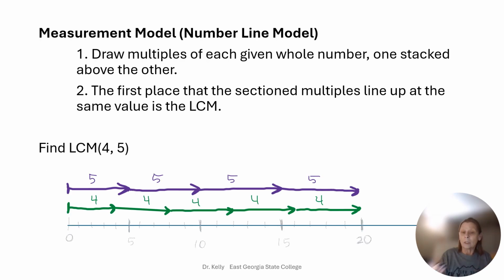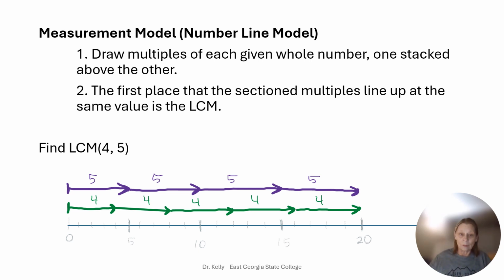So here's an example of the measurement model, or the line model. What we do is draw multiples of each of the given numbers, one stacked above the other, like we've done with addition, subtraction, and multiplication. The first place that the sectioned multiples line up is the LCM.